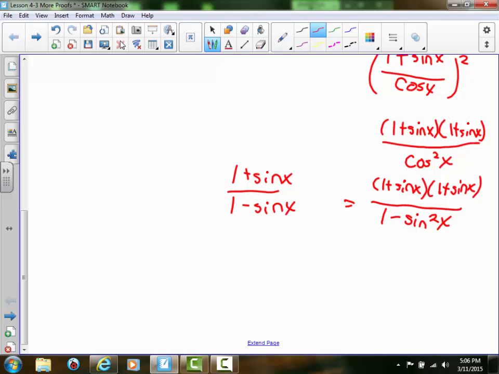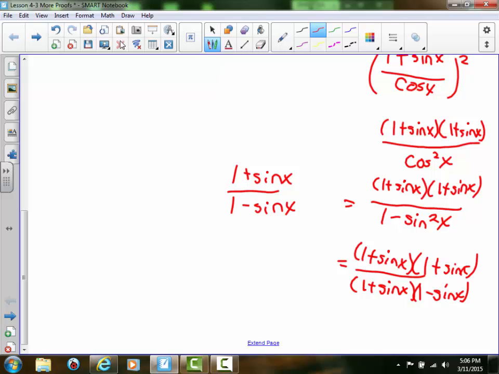So 1 minus sine squared x, hopefully you recognize that from all the work we've done so far. That's a squared minus b squared. So we can factor that, and that will be 1 plus sine x times 1 minus sine x in the denominator. And our numerator is still 1 plus sine x times 1 plus sine x.